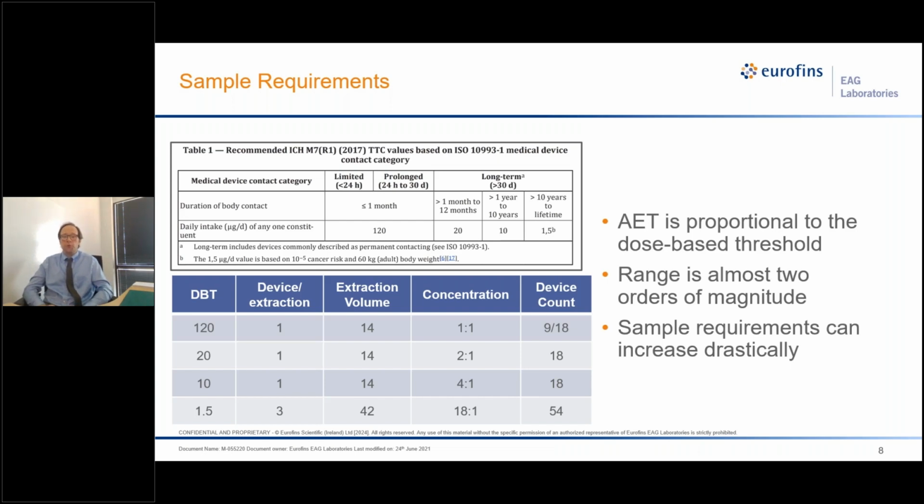In fact, we've had projects where the devices used in the study were more expensive than the study itself. And we also know that with lean manufacturing, sometimes getting enough devices can be an issue, and they may even be manufactured specifically for it. So getting this information accurate and early is very helpful for giving an accurate estimation of sample requirements so that the project can be kept moving along.